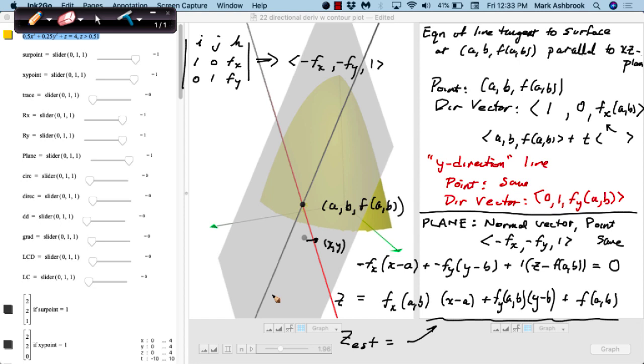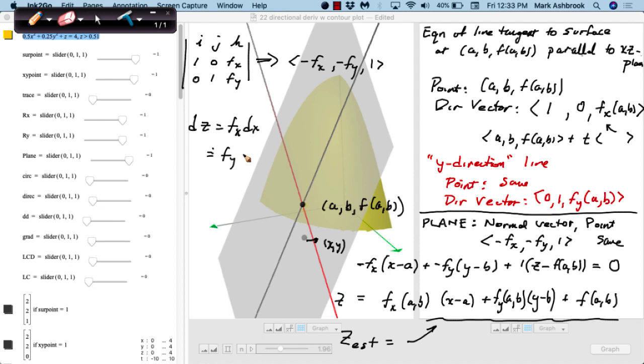What's really happening there, Andrew? Moving along the line. Right. So right around this point, the plane gives us the estimated z values. The tangent plane is giving us the estimated z values based on partial derivatives, right? Because partial derivatives are based on constant rate of change, right? dz equals f_x dx. That's linear. That's constant rate of change. Same with f_y dy.